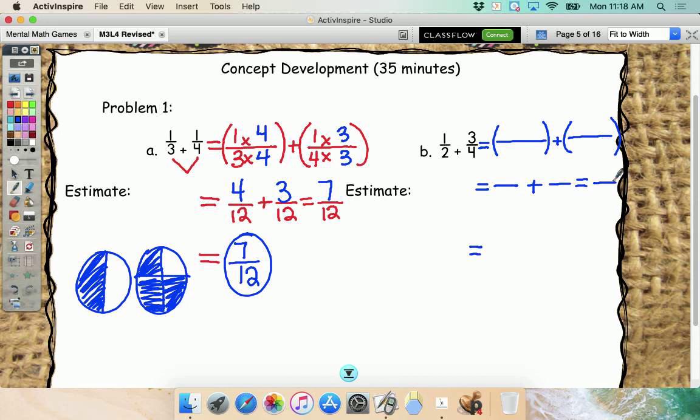So my common denominator here, what do you think it is? 8? How'd you get 8? 4 times 2. Okay. And remember how I'm just going to copy those two fractions?